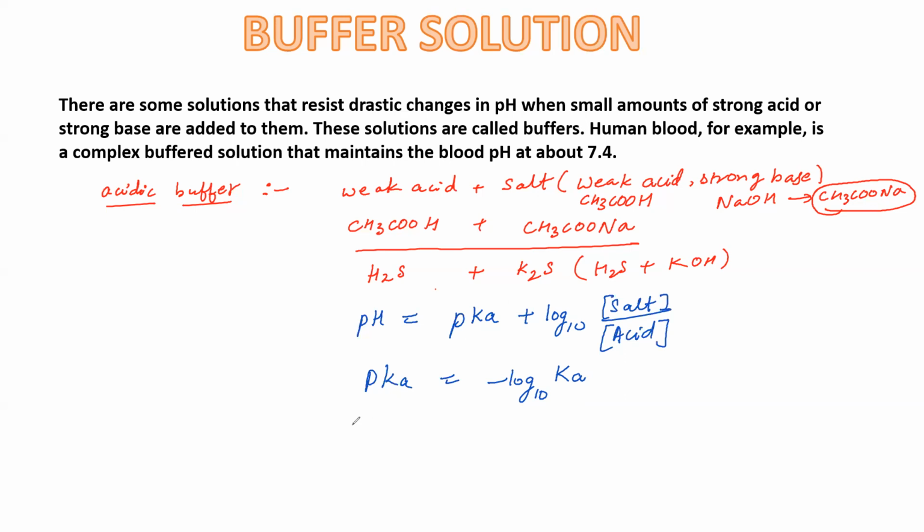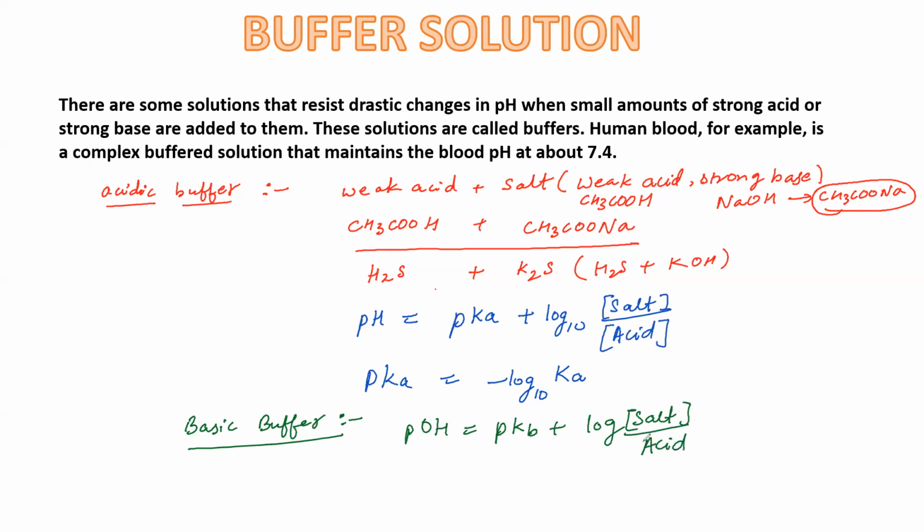Similarly, we have a formula for the basic buffer. For the case of a basic buffer, we don't have pH, we have pOH. So pOH equals pKb plus log of salt divided by base. How are pOH and pH related? pOH plus pH equals 14.